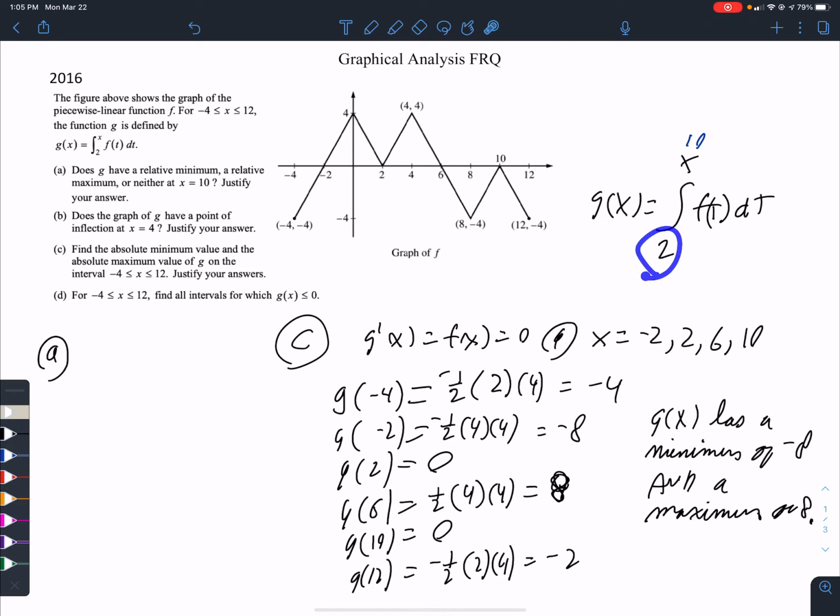So we're starting at 2. And as we integrate backwards, it's going to be negative, right? Because anything above is normally positive, but when you go backwards, it's negative. So from here to here, the area of that is negative. But as we continue, the area below is not enough to counteract the area above. So it's going to be negative all the way from -4 to 2.